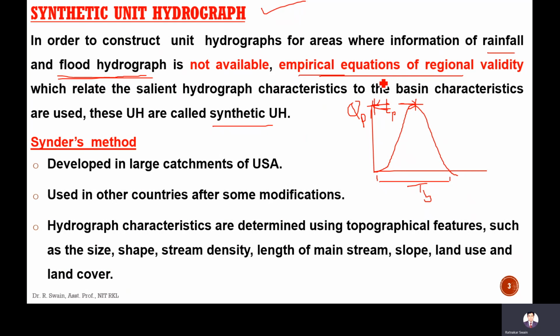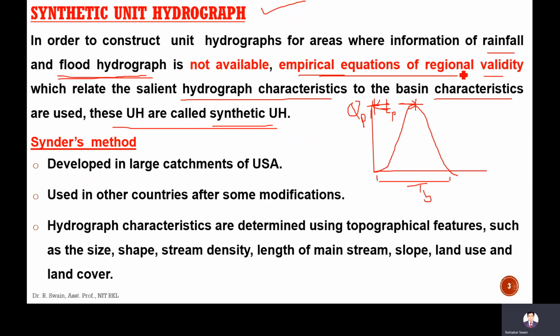For different regions, different empirical equations are developed by relating the salient hydrograph characteristics like base time, peak flow, and time to peak to the basin characteristics. The unit hydrograph developed using these empirical equations is called a synthetic unit hydrograph.